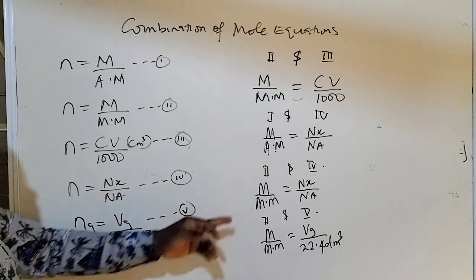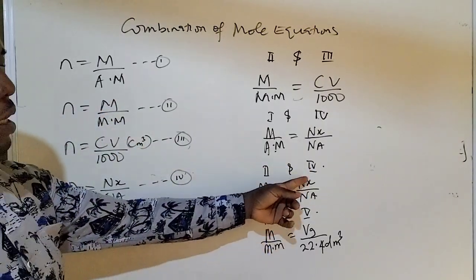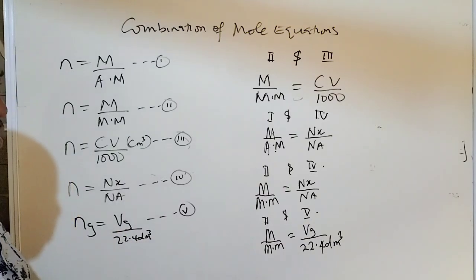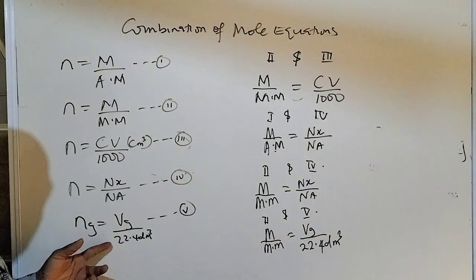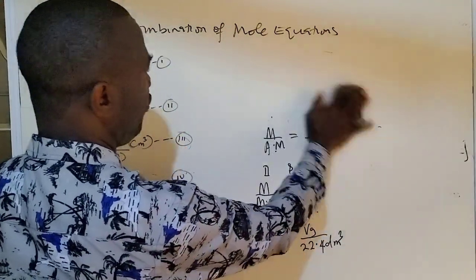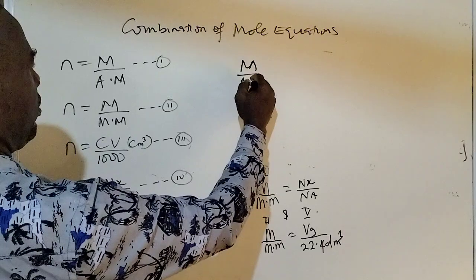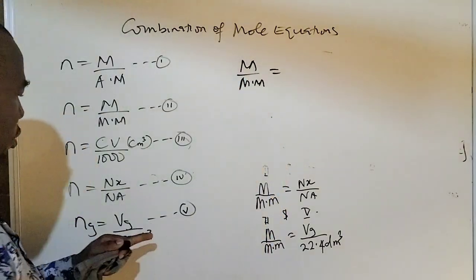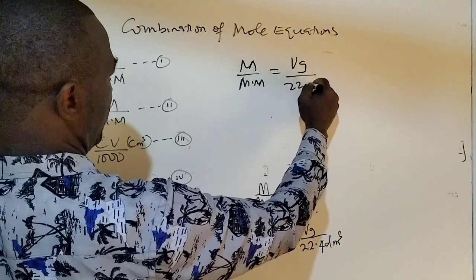If I combine 2 and 4, mass over molar mass equals N over NA. That is it. Then if I combine equations 2 and 5, I will have equation 2, mass over molar mass, and 5, which is the volume of gas over the molar volume of gas.